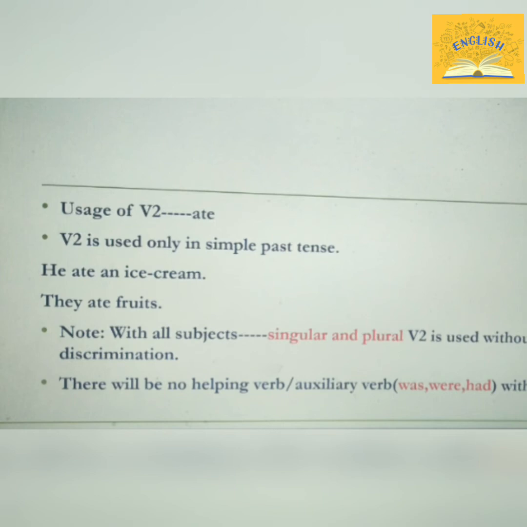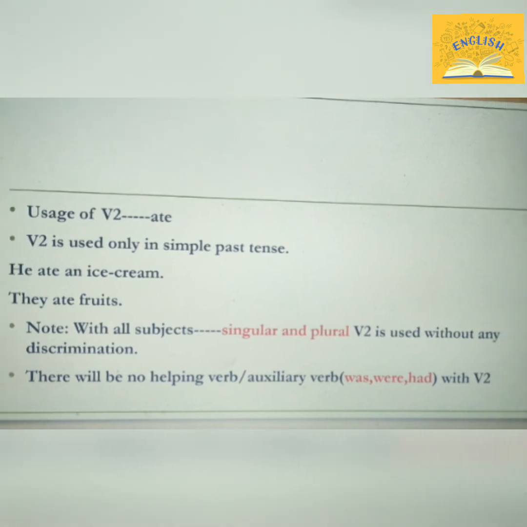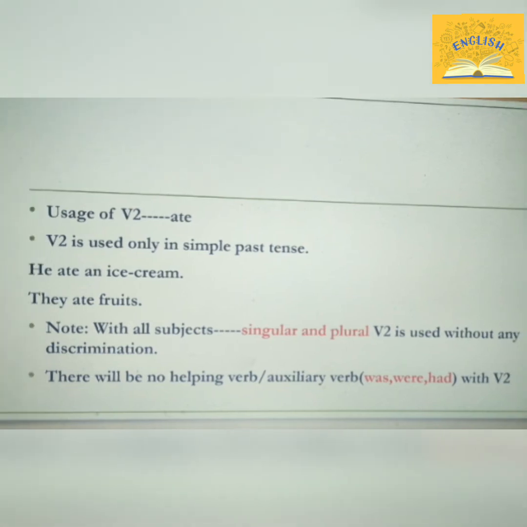Now we need to focus here that we do not discriminate. With all subjects, whether it is a singular or a plural subject, with both we use V2 without any helping verb. There is no discrimination.